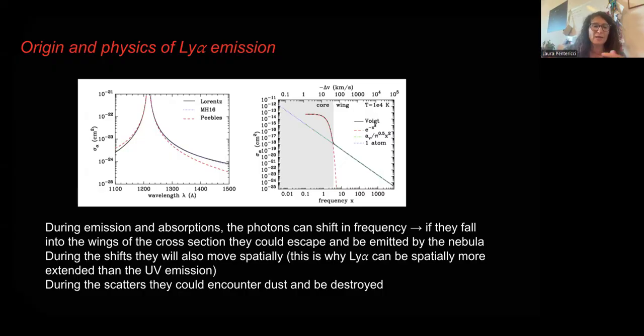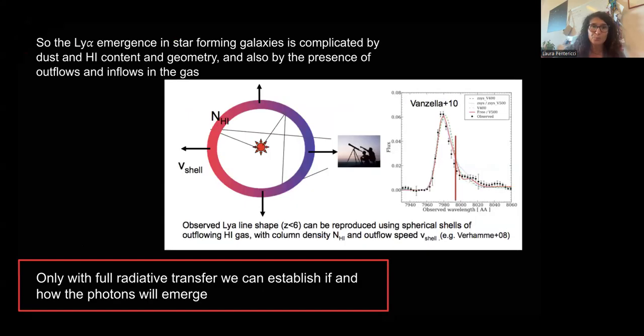Of course, during any of these shifts or scatterings, the Lyman alpha photon can find, for example, dust and be destroyed. So the emergence of Lyman alpha in emission in a star-forming galaxy is very complicated, because it is affected by the presence of dust, the presence of neutral gas, the geometry of the various components, and also the presence of outflows and inflows.